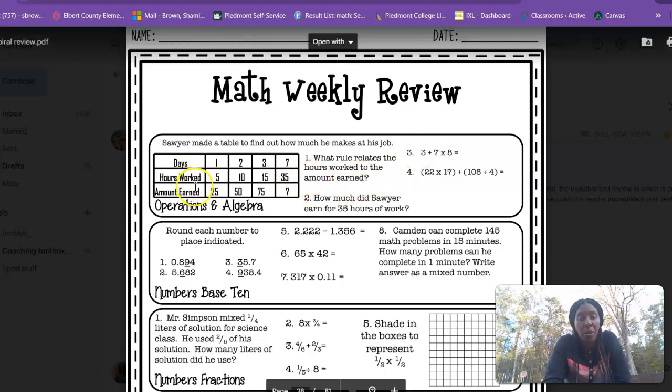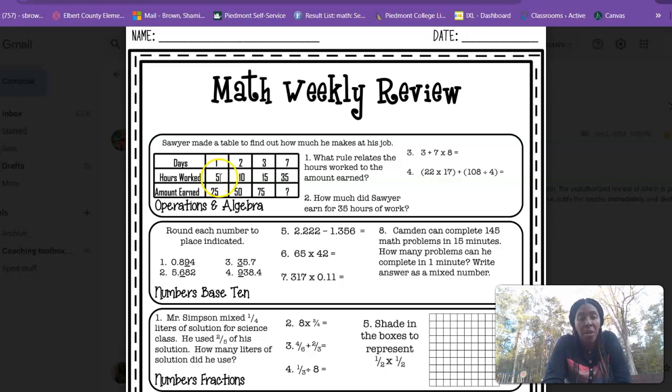So the rule would be he earns $5 for every hour that he works, because 5 times 5 is 25. So if he worked 5 hours and made $25, and he worked 10 hours and made $50, that means 10 times 5 is 50.